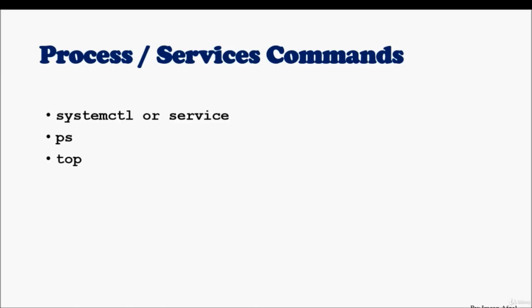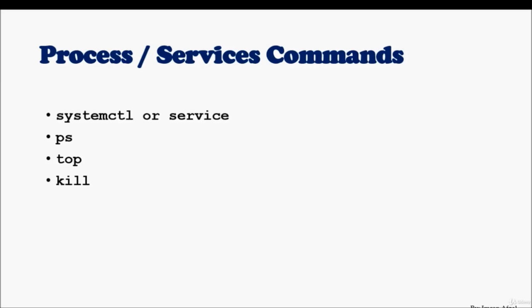Then you have the top command. When you run the top command, you will see all your processes running in your system, ordered by load, and it also tells you the memory and CPU information used by each process. Then we have the kill command. The kill command kills a process by the process name or by the process ID.